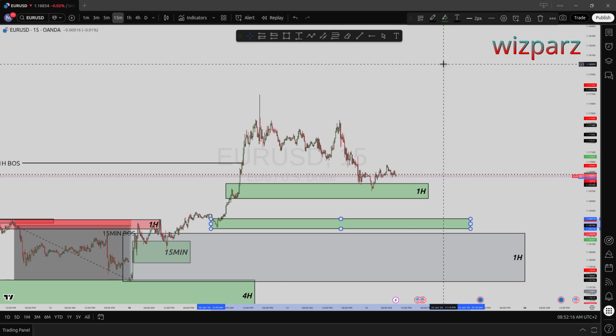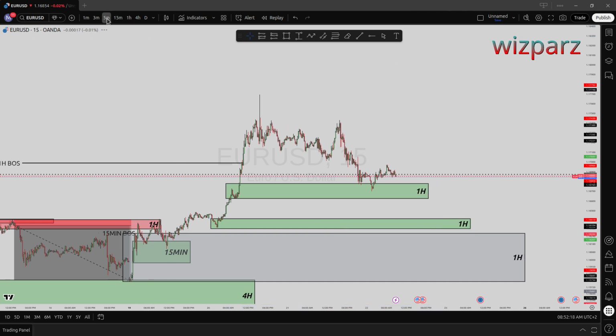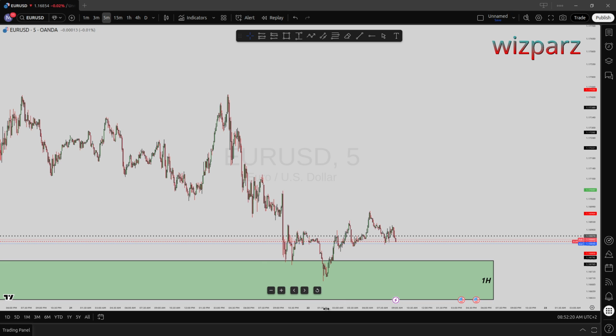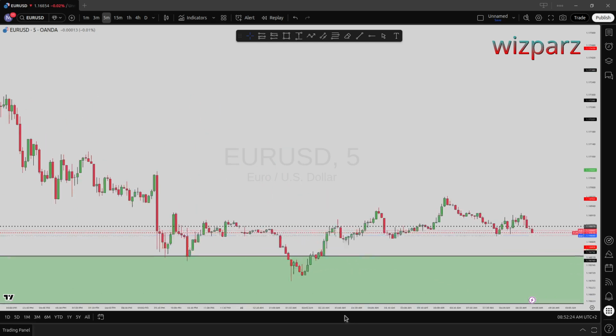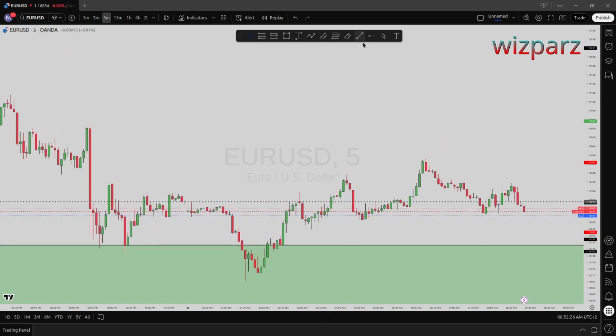Okay, this is the demand area. So the third confluence is that we have seen 5-minute change of character. This is 5-minute change of character.